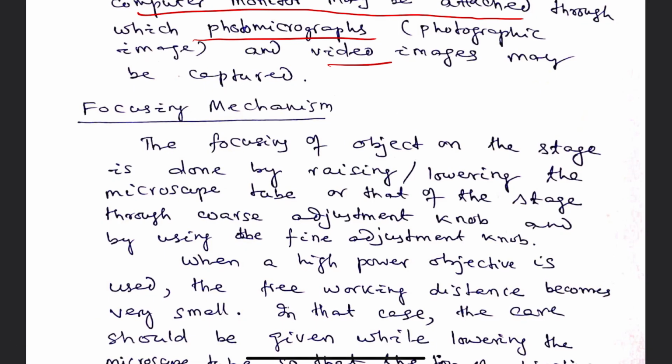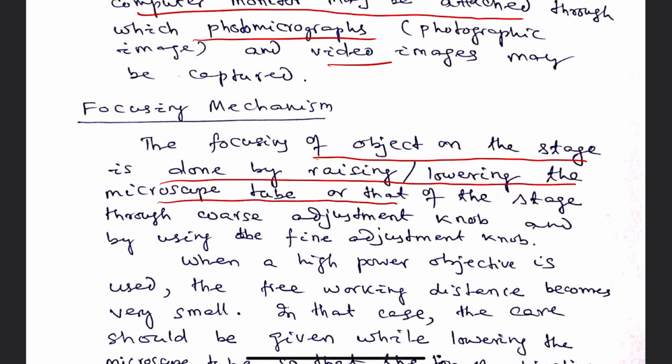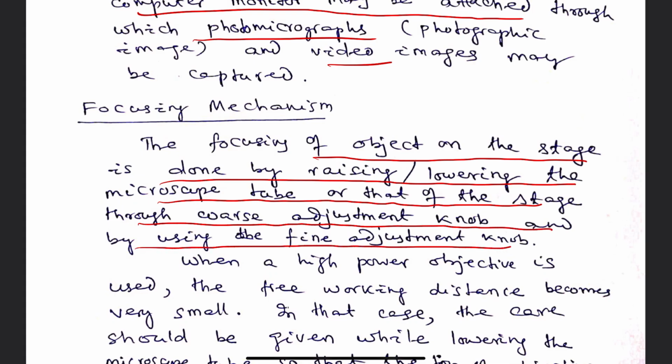Now let us come to the focusing mechanism. The focusing of the object on the stage is done by raising or lowering the microscope tube or the stage through the coarse adjustment knob and by using the fine adjustment knob. There are two knobs by which the microscope tube is raised up and down, or the stage can be moved up and down.